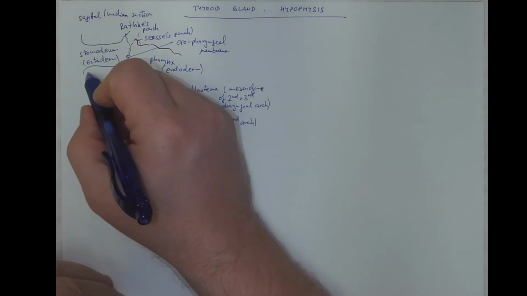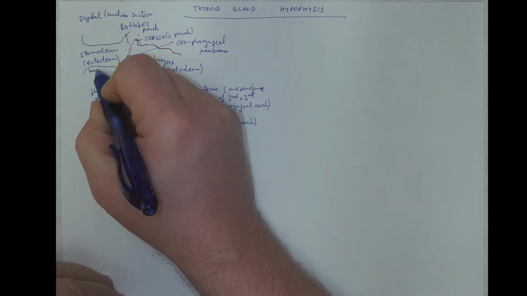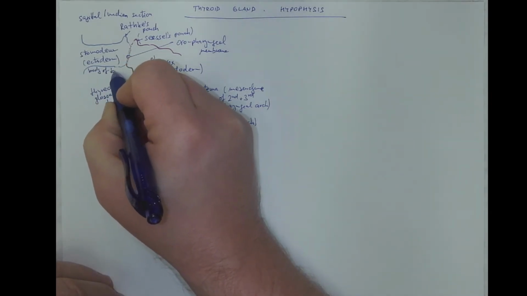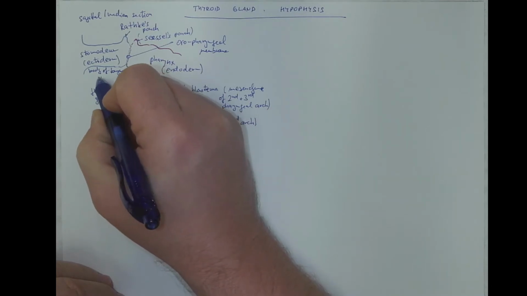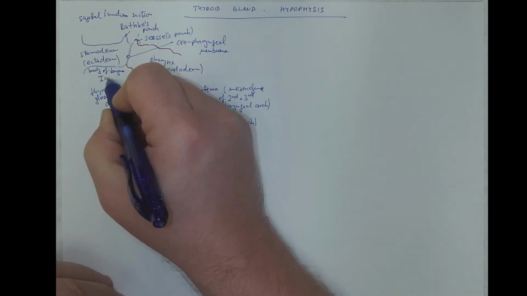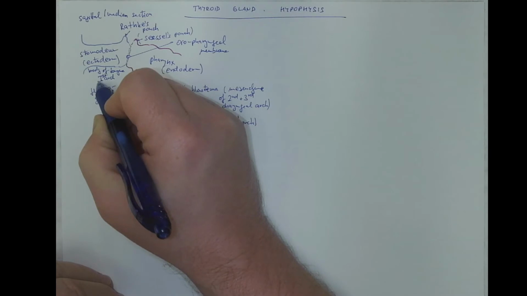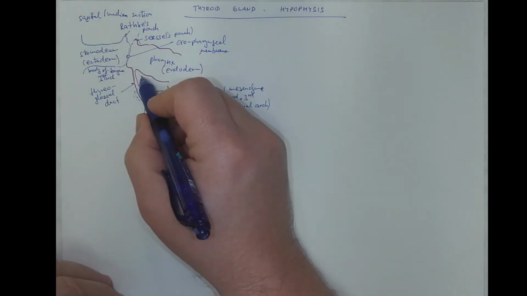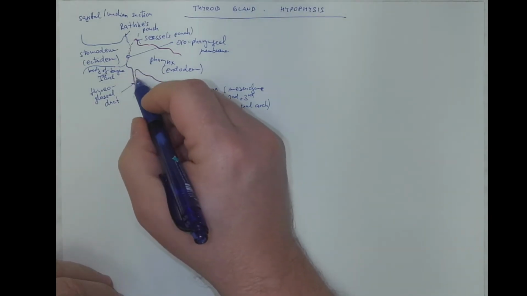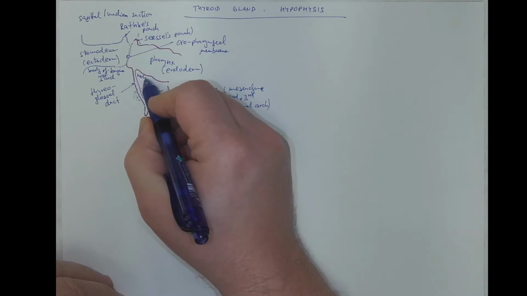So here will be the body of the tongue and the region of the first arch, and here we will be in the endodermal region, the region of the radix of tongue.